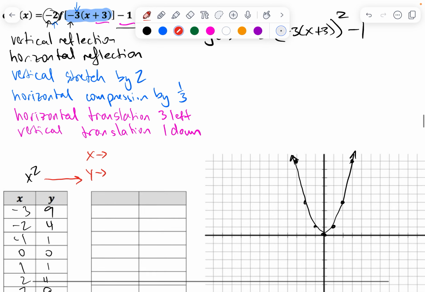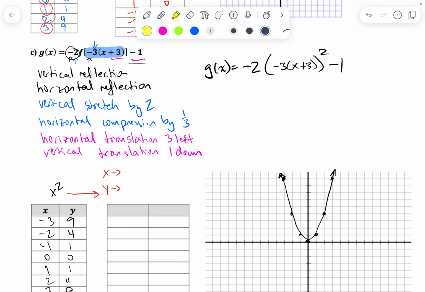So first let's focus on the vertical things. Vertical reflection means y is going to be negative something. Vertical stretch by 2 means it's going to be 2y. And then vertical translate 1 down, which means I have to take away 1. Now, horizontal reflection, which means x is going to map to negative x.